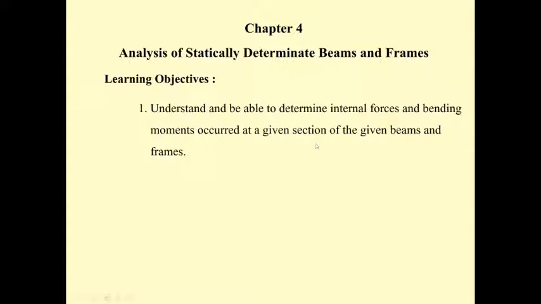When you cut a section of the beams or frames, that section will also be in equilibrium. How is that section going to be in equilibrium? That section will be in equilibrium because the material of the structure has the strength to resist the external forces, and it develops stresses. If we sum the stresses, we will get the resultant forces and moment.